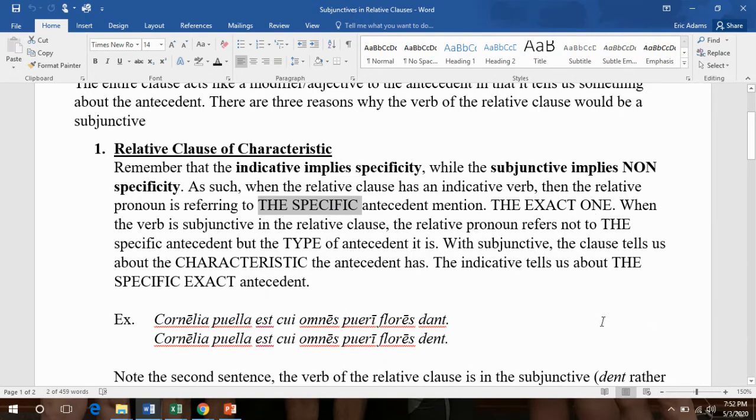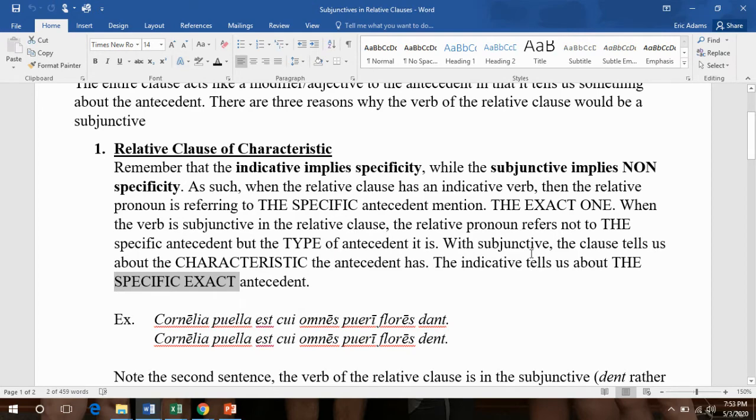But when the verb is subjunctive in the relative clause, the relative pronoun refers not to the specific antecedent, but the kind or the type of antecedent. With a subjunctive, the clause tells us about a characteristic of the antecedent. The indicative tells us about the specific exact antecedent.